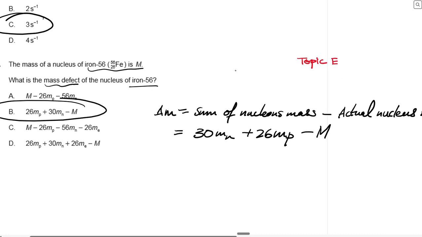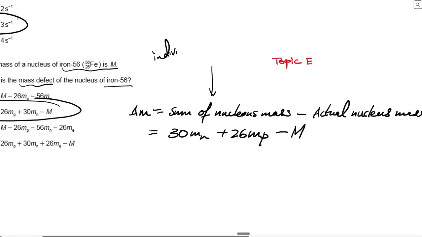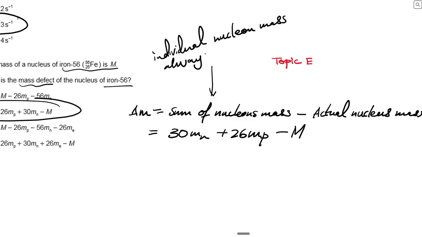Now the reason: the mass of our individual nucleons should always be greater than the combined nucleus, because there is that mass defect.